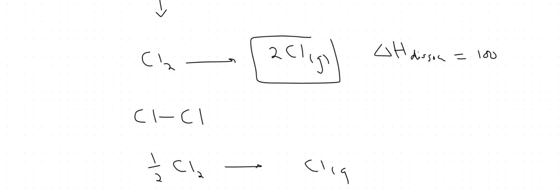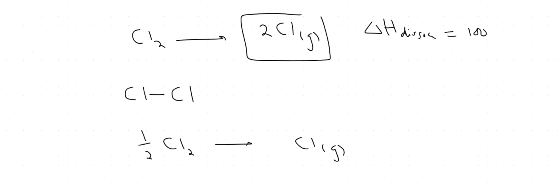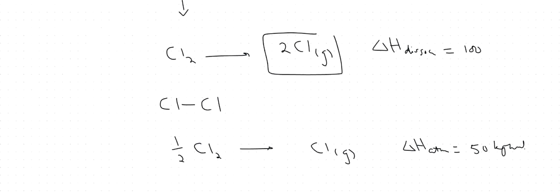According to the definition, this time the energy for enthalpy of atomization will be 50 kilojoules per mole. So in short, we can say that enthalpy of dissociation is double the enthalpy of atomization. You can see the clear difference. In dissociation, we are creating two chlorine gaseous atoms by breaking one covalent bond.